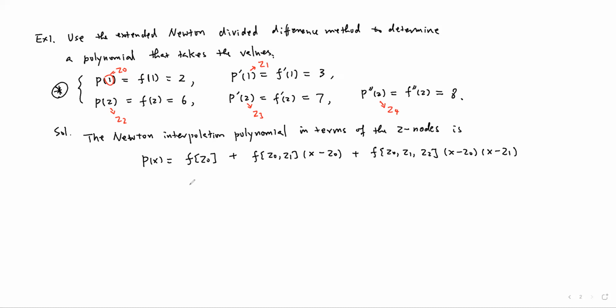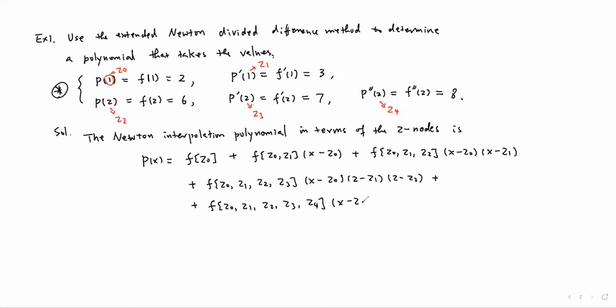The fourth term is the divided difference at C0, C1, C2, C3 times x minus C0, x minus C1, x minus C2. The last term is the divided difference at C0, C1, C2, C3, C4 times x minus C0, x minus C1, x minus C2, x minus C3.